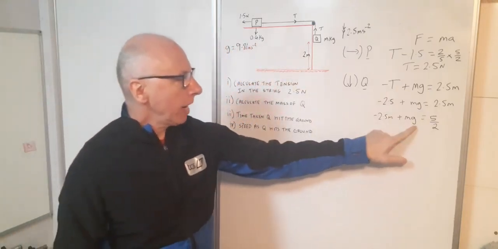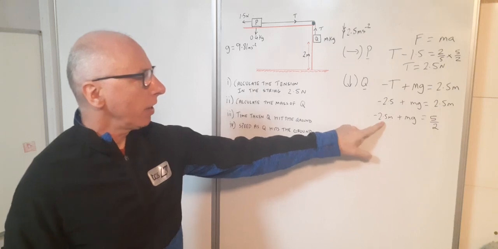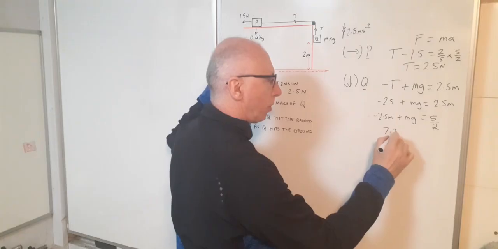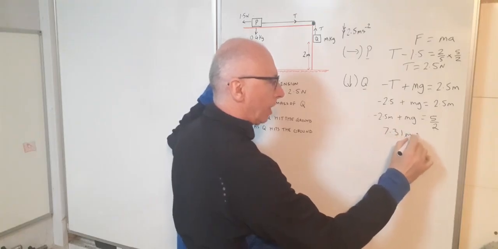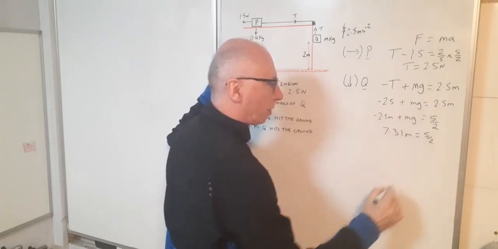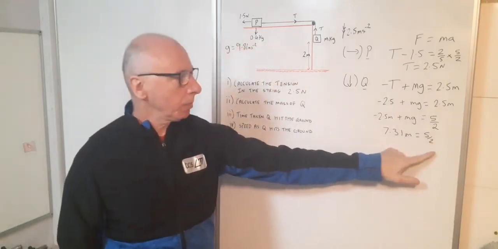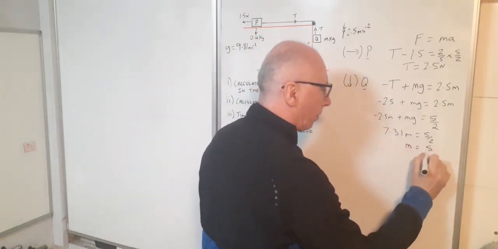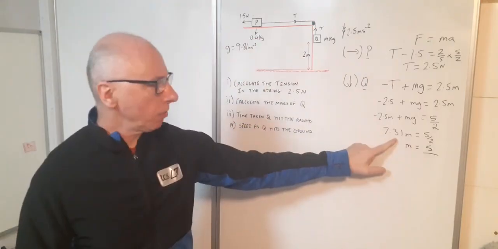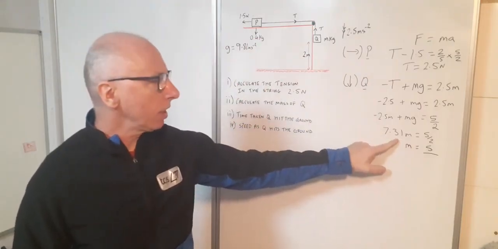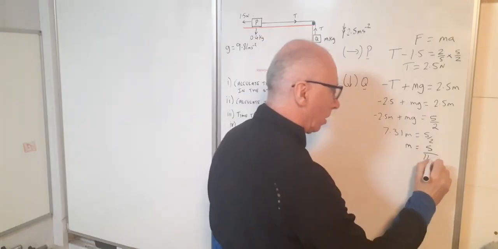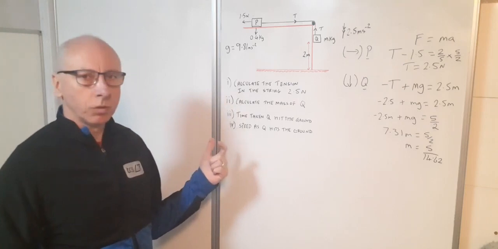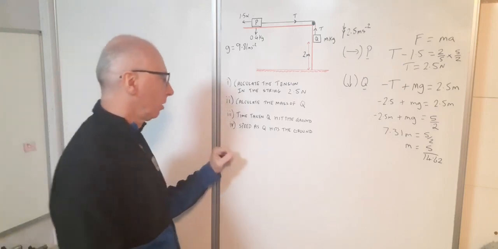So then 9.81 minus 2.5 will leave us with 7.31 m equals 5 over 2. And now all I've got to do is divide both sides by 7.31 and I can isolate my m. So m will equal 5 over 2 times 7.31, that'll give me 14.62. So then if I plug that into my calculator, 0.342 kilograms.